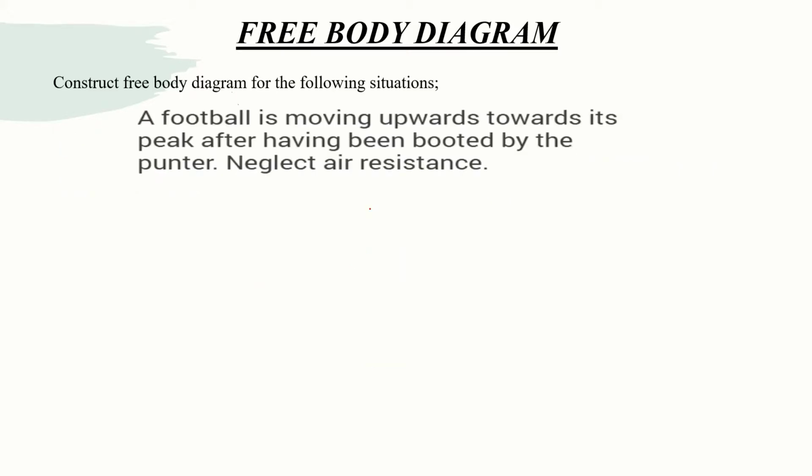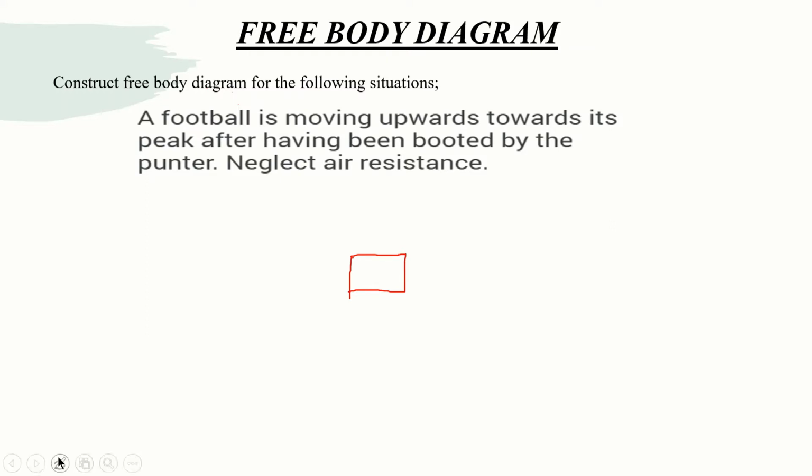Now I'll show us one more question. Construct a free body diagram for a football moving upwards towards its peak after having been booted by the punter. Neglect air resistance. The first thing I do again is to draw my box.